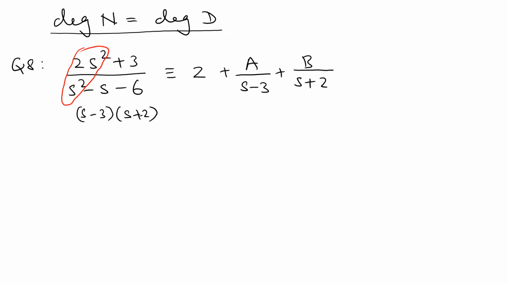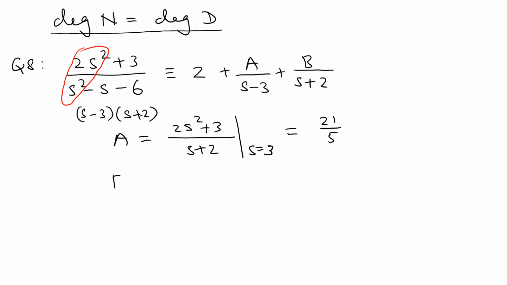And then we do the same thing. You can use the cover-up method for this one. A is simply going to be 2s squared plus 3 divided by s plus 2, and you plug in s equals 3, and when you do that you're going to get 21/5.